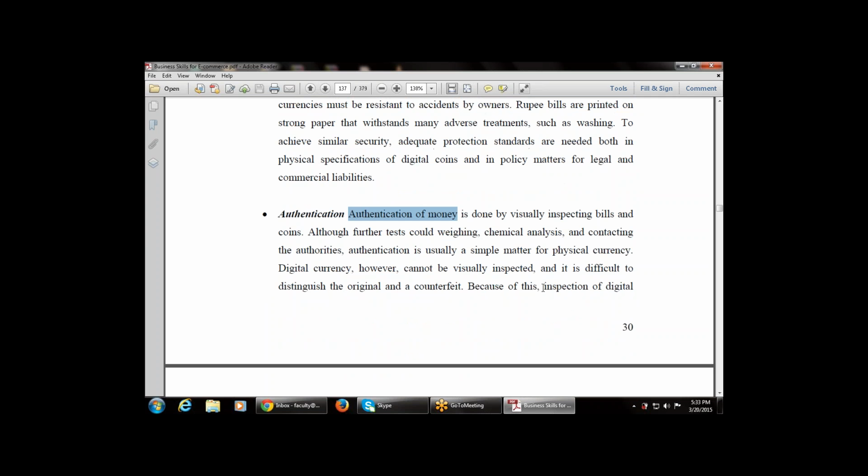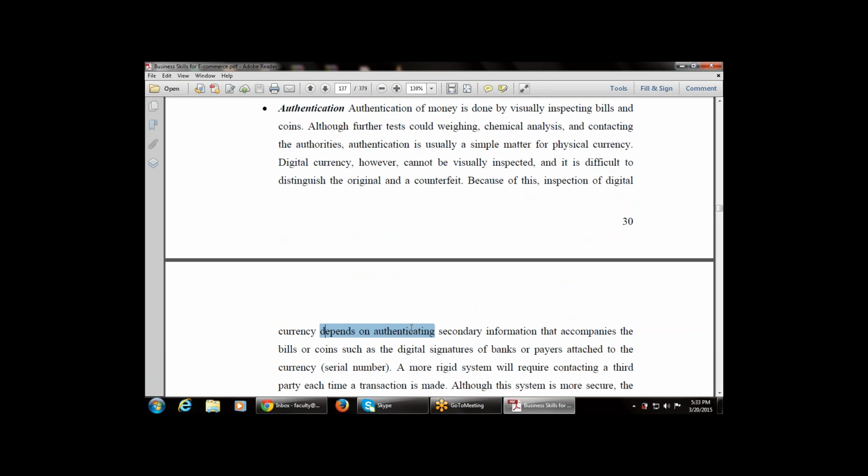Inspection of digital currency depends on authenticating secondary information that accompanies the bills or coins, such as the digital signature of banks or payers attached to the currency. So the method used also depends on the digital signatures of the banks or payers attached to the currency.